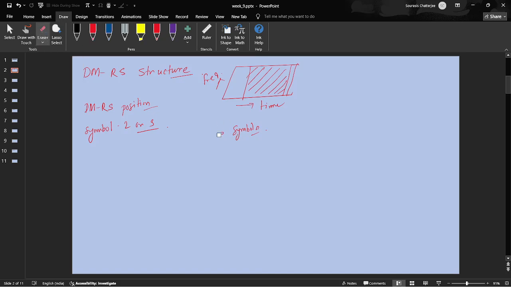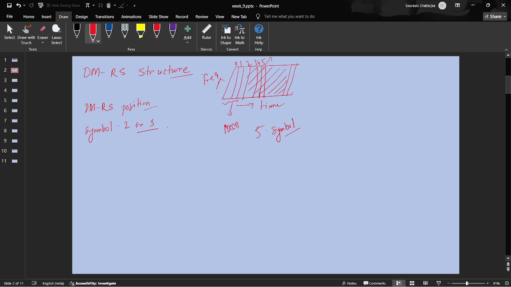What I mean is that let's say the first two symbols are reserved for PDCCH, the third one is DMRS, and let's say another three symbols here. So in total it makes 0, 1, 2, 3, 4, 5. So let's say this number is 5. So my PDSCH data is scheduled up to the fifth symbol. Can I send additional DMRS here?